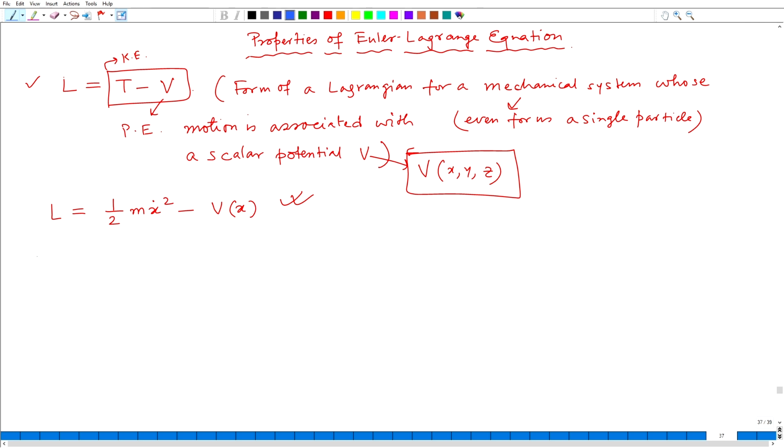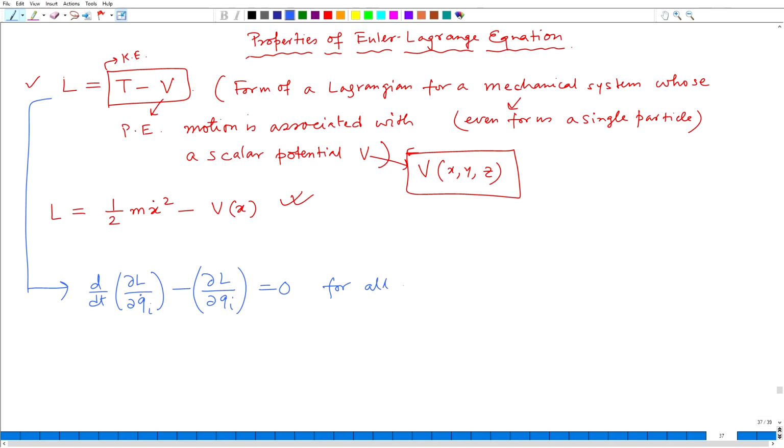I know that Lagrange's equation is finally given by d dt of del L del Qi dot minus del L del Qi is equal to 0, for all i running from 1 to n, where n is the number of generalized coordinates.